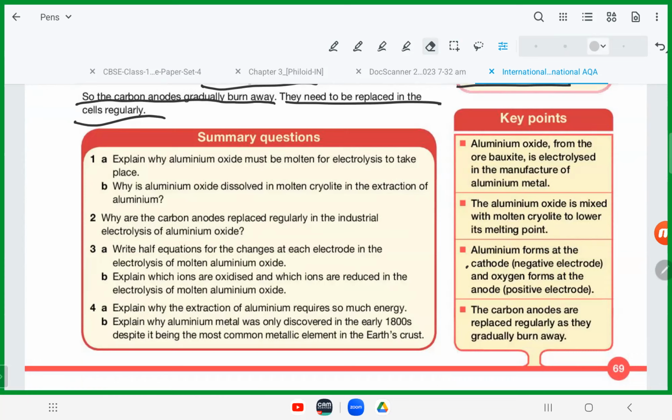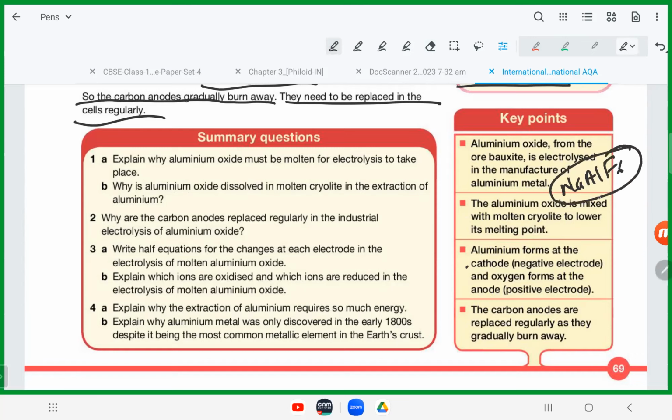Aluminium oxide from the ore bauxite is electrolyzed in the manufacture of aluminium metal. The aluminium oxide is mixed with molten cryolite to lower its melting point. Why cryolite, Tarini? Its formula is NaAlF6.